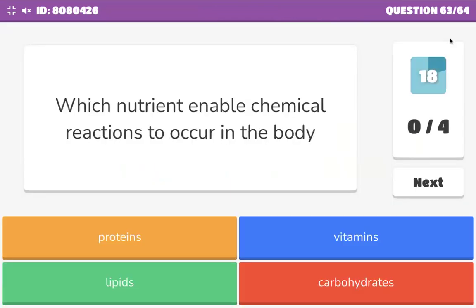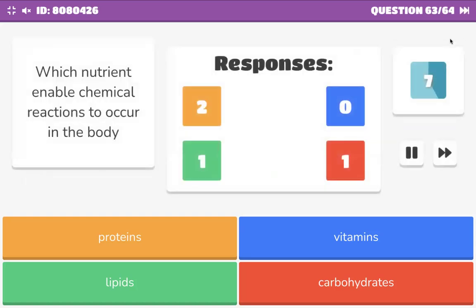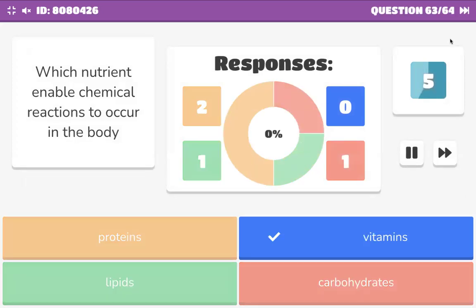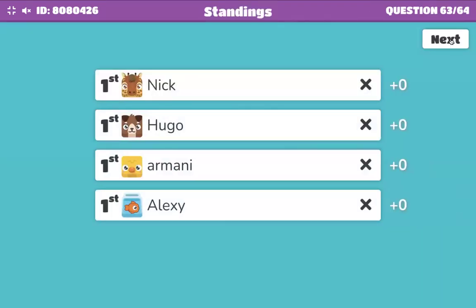Which nutrient enables chemical reactions to occur in the body? Vitamins. Vitamins and minerals are coenzymes, and enzymes help make chemical reactions occur in the body.